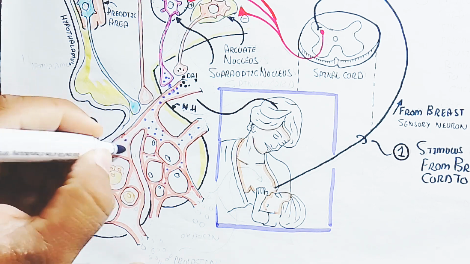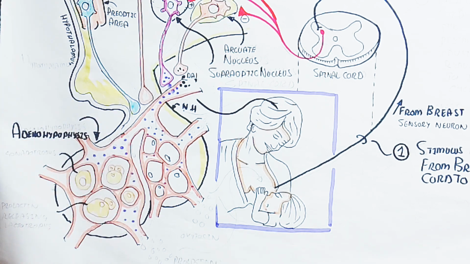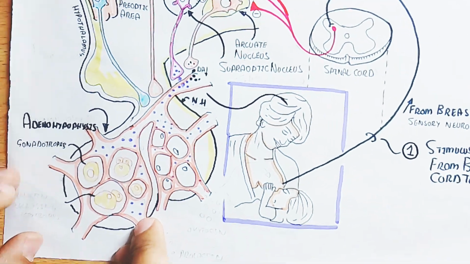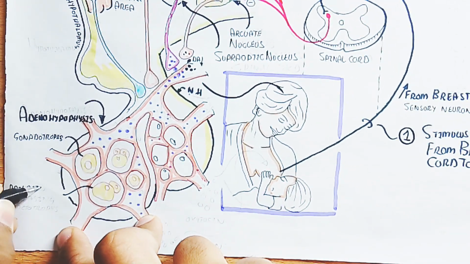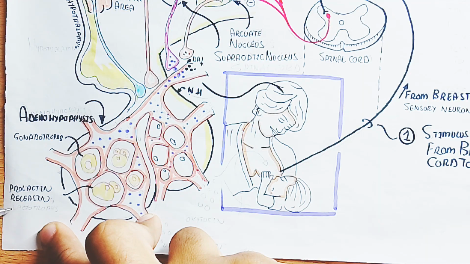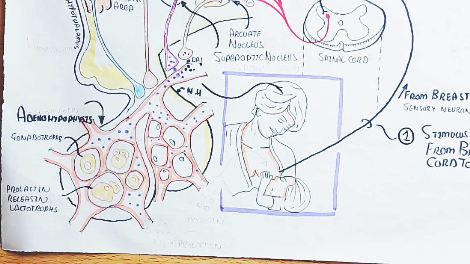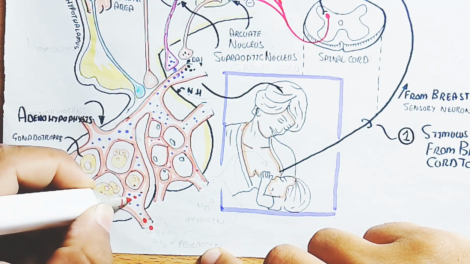Whenever it is inhibited due to the stimulus from suckling traveling from the breast through the spinal cord to the hypothalamus, it will inhibit this preoptic area. When the preoptic area is inhibited, the gonadotrophs will be inhibited and will not produce the gonadotropin releasing hormone.